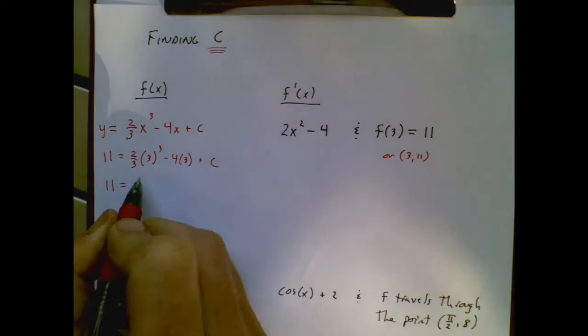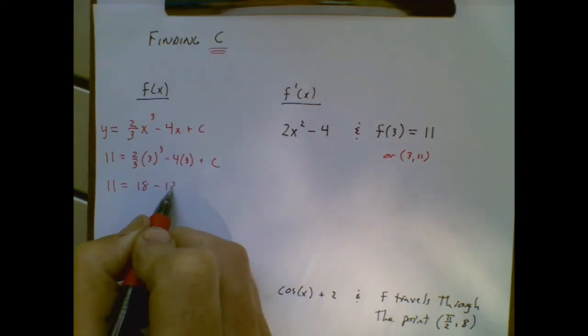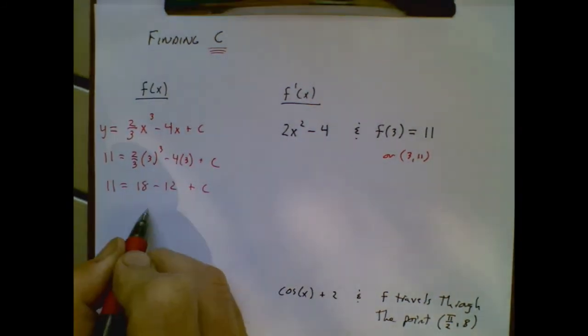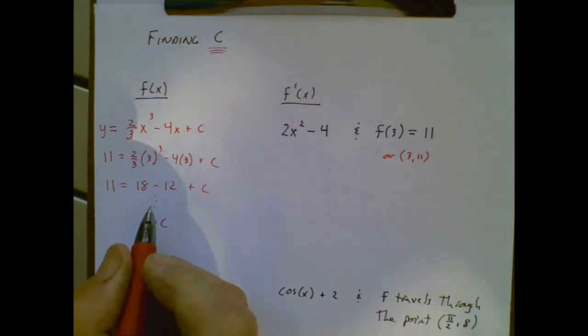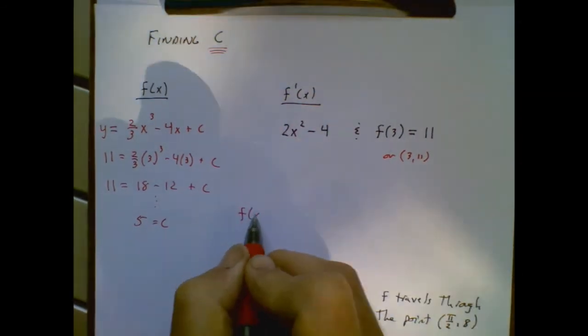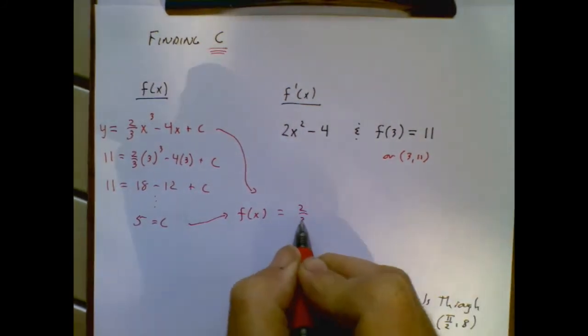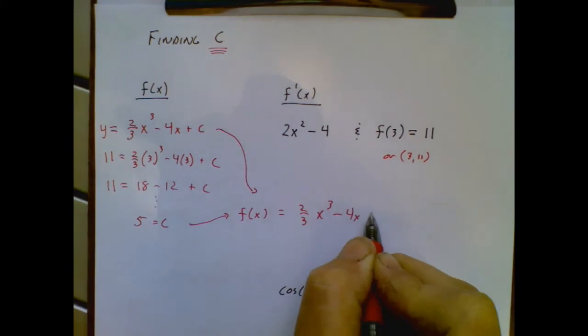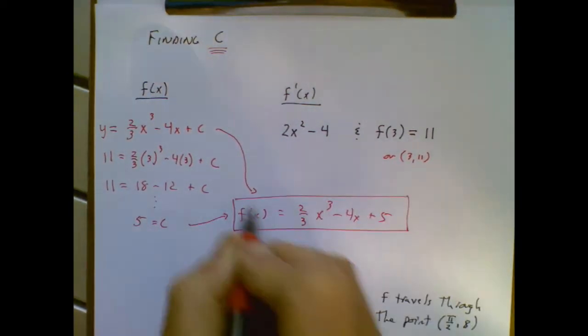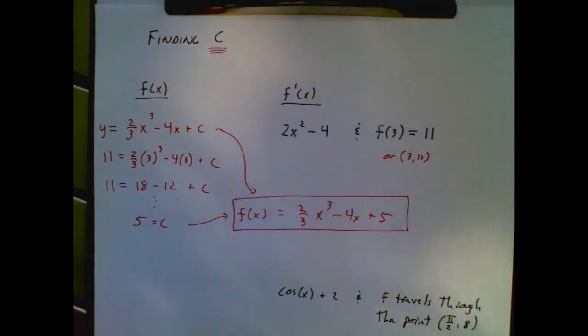So, yay algebra. 2/3, and this is a 27, so that's an 18 minus 12 plus c. And if I solve for c, that's a 6. C equals 5. So that means my real f of x is that. Instead of writing the plus c, I can write the plus 5. So finding c is just a little extra add-on that basically involves algebra.